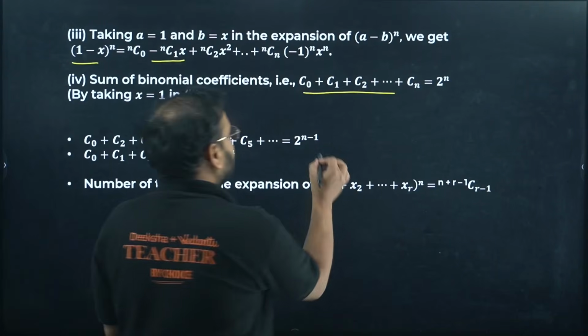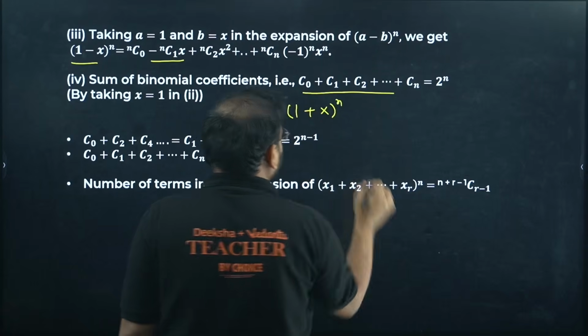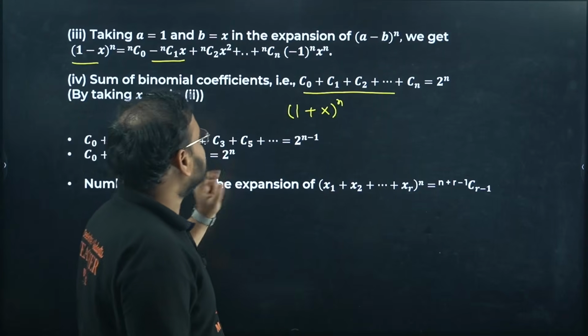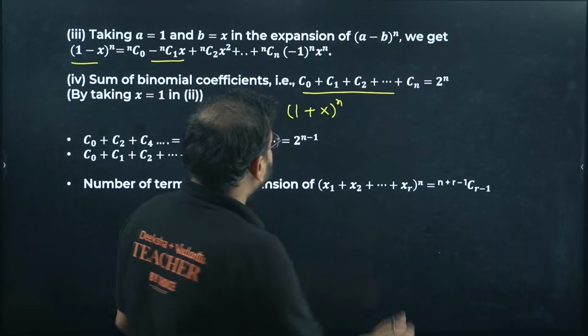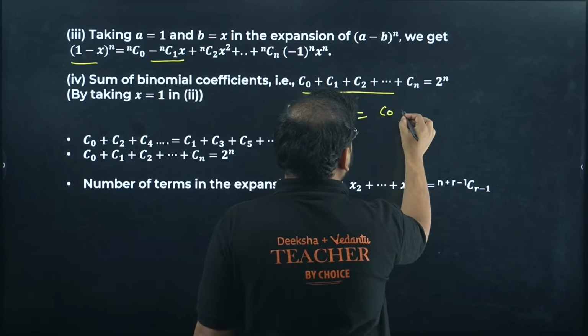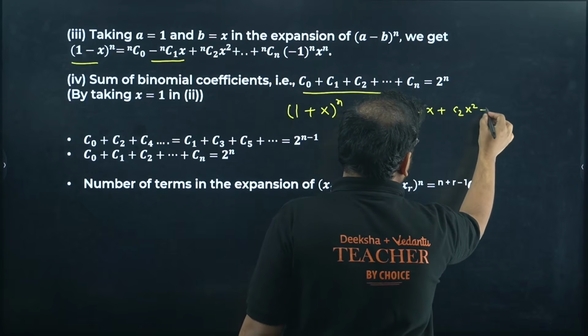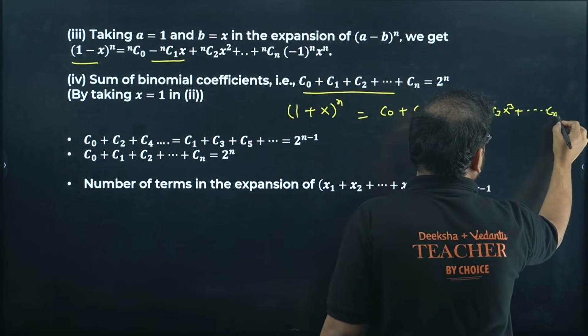In the same expansion that you have, 1 plus x power n, remember we have this expansion: c0, c1x, c2x square, c3x cube, cn x power n.